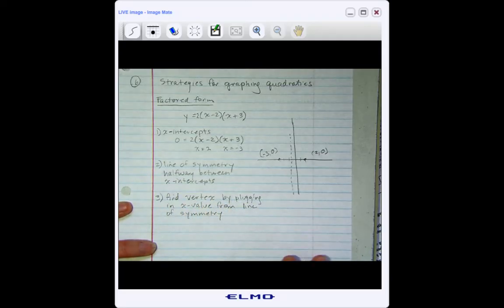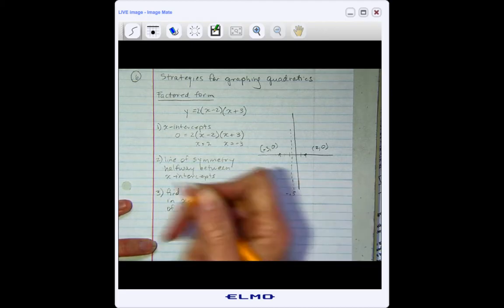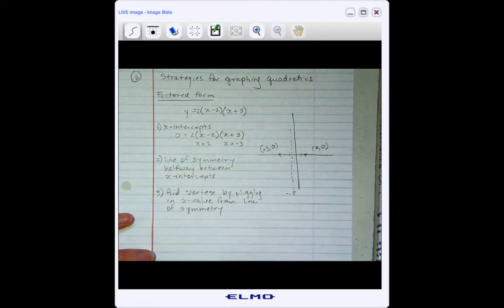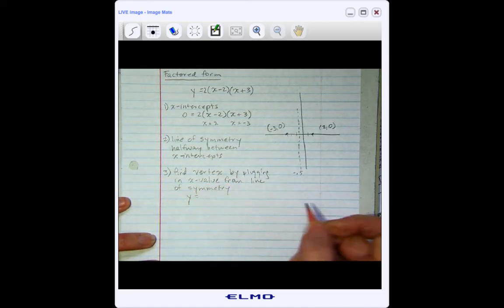All right, so I'm going to go ahead and put in my negative 0.5 for x in my equation and see what I get. Okay, so what's y going to be if I put negative 0.5 in?